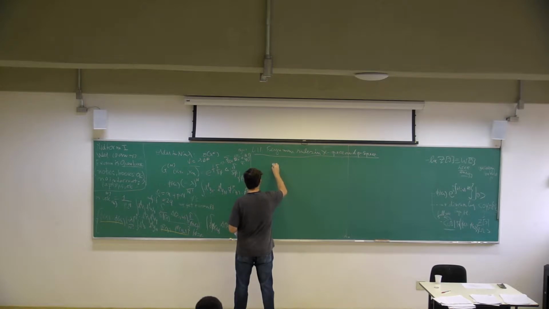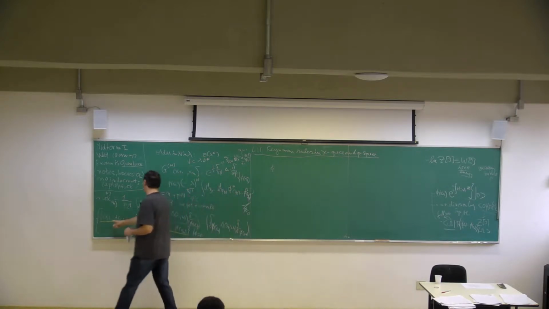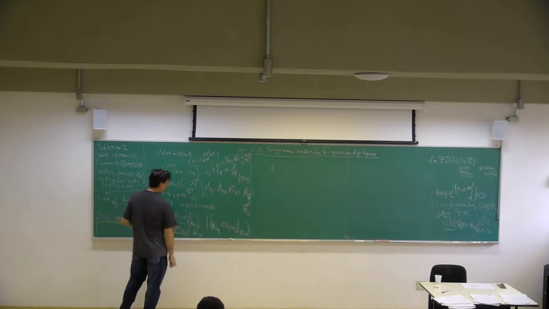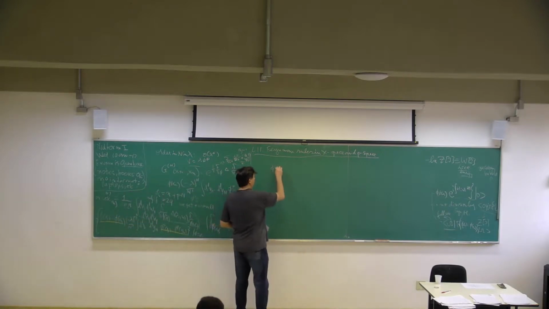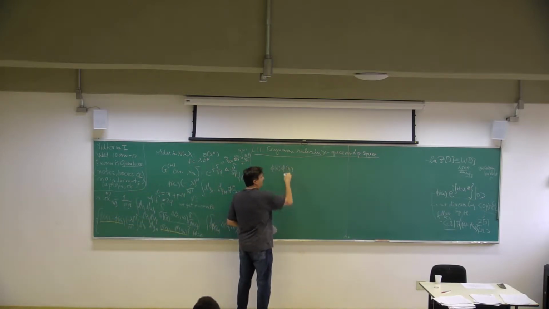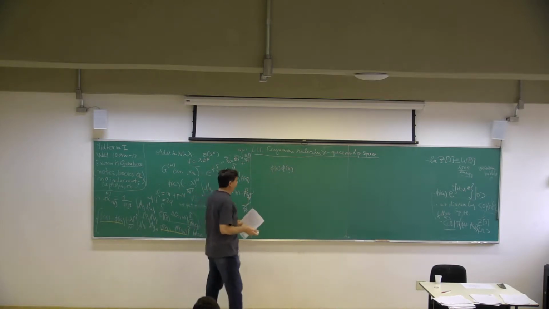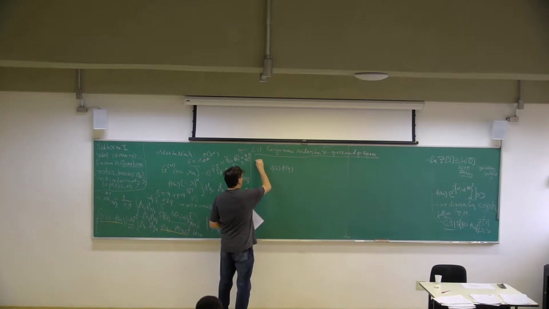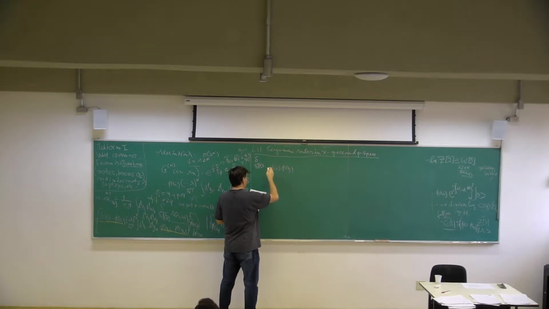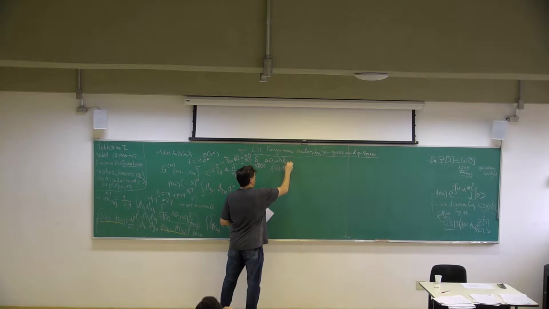Okay, here I have x1, xn, and y1, yN, but I will call them x and y, even if they might be the same. So I have a term like this, dd phi of z, delta of zw, dd phi of w acting on this.